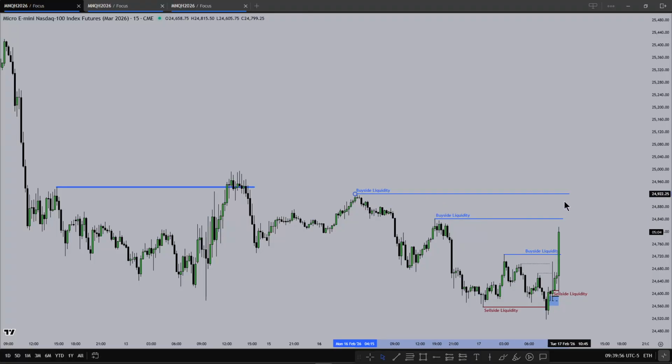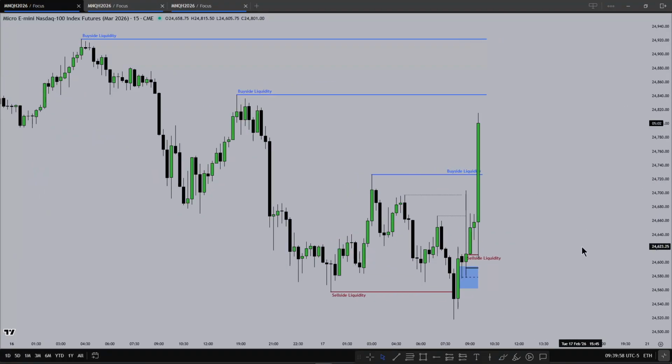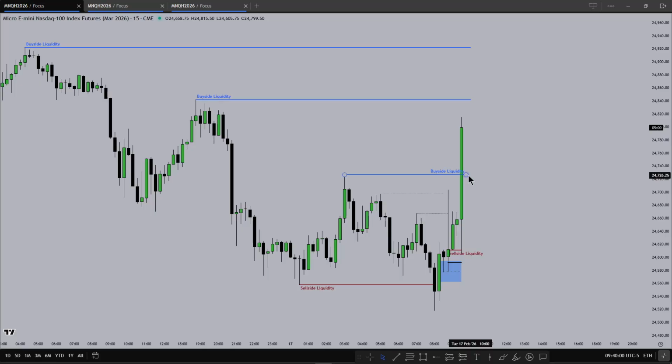Beyond that, we got buy side up there, buy side here. It would have been ideal if I held a runner. But more interested in one hit run, not one hit wonders, more base hits.